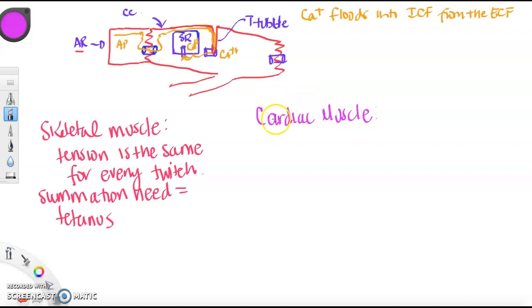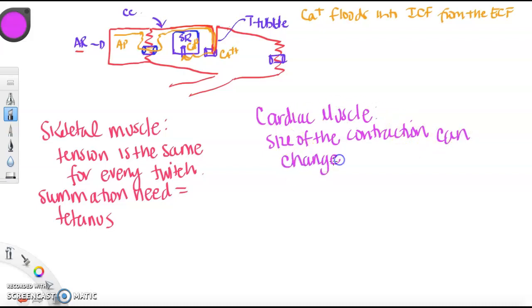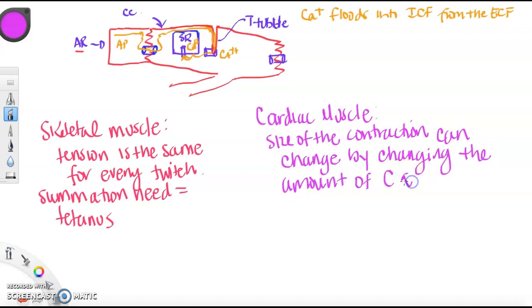The size of the contraction in a cardiac contractile cell can vary or change just by changing the amount of calcium. So the amount of calcium in the intracellular fluid.